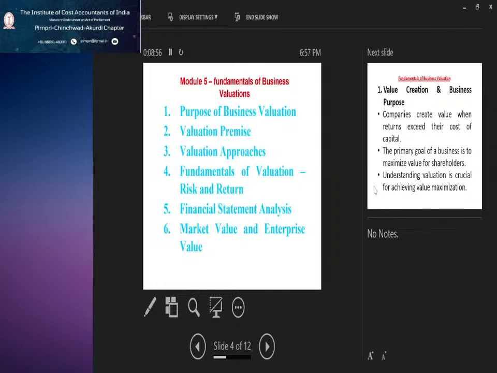Let's understand what business valuation is all about, and I hope I will be able to do justice to the conceptualization as such. So let's start.